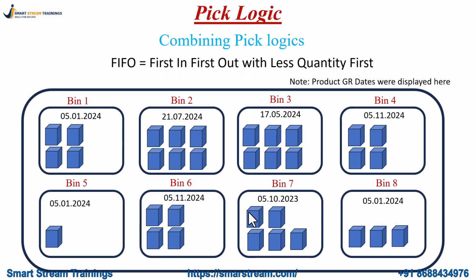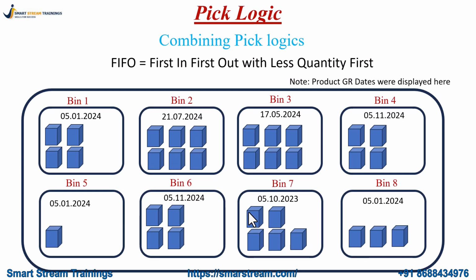Let us take this example: I have bin 1, bin 2, bin 4, and so on, eight bins in total. Whatever dates you are seeing in the bins are nothing but GR dates, the goods receipt dates. I'm going with the first in, first out logic, and if the logic is satisfied for two bins, the system has to pick the products from the bin where there is less quantity compared to the other bin.